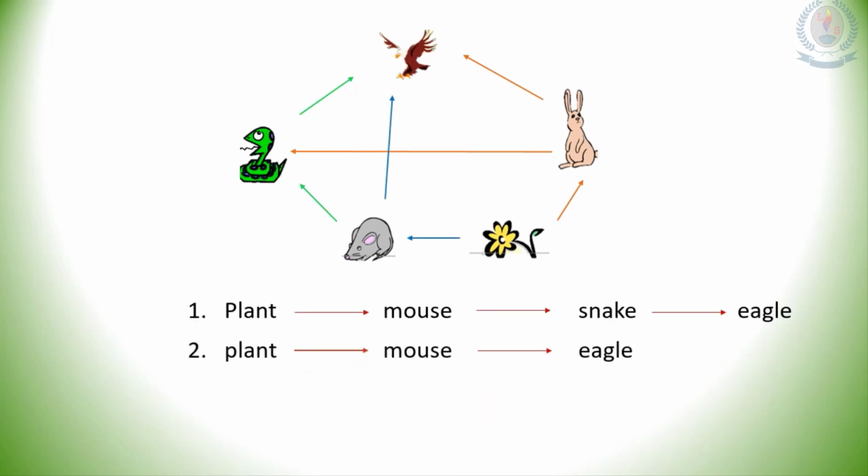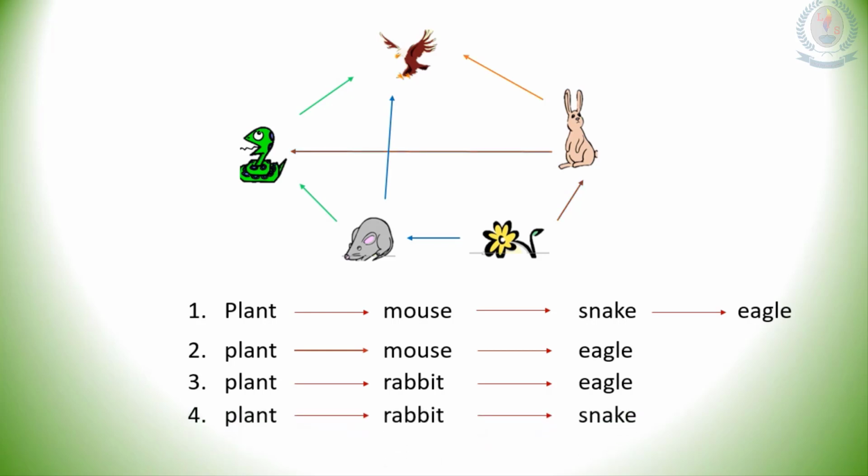Plant, mouse, snake, eagle. Am I correct? Second one. Another one. Plant, mouse, eagle. Plant, rabbit, eagle. Plant, rabbit, snake. Those are the food chains we can find from this food web.